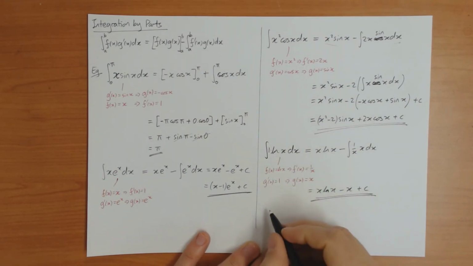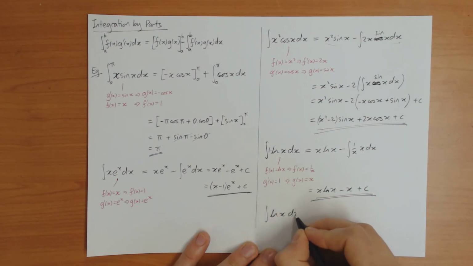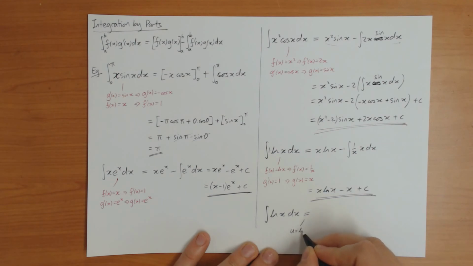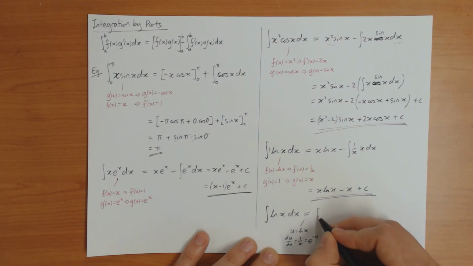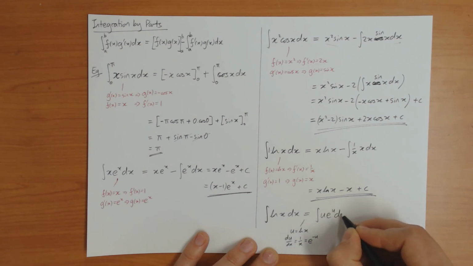Okay, there's another way you can do it by substitution as well, so let me just show you the substitution way. I've got the integral of log x dx, and I say that u is equal to log x. So this means du by dx is equal to 1 over x, but this is e to the minus u from here. So therefore dx is equal to e to the u du, so this becomes the integral of u times e to the u du.